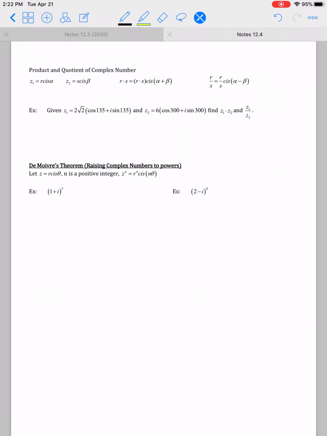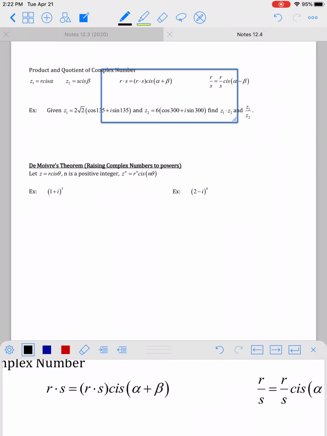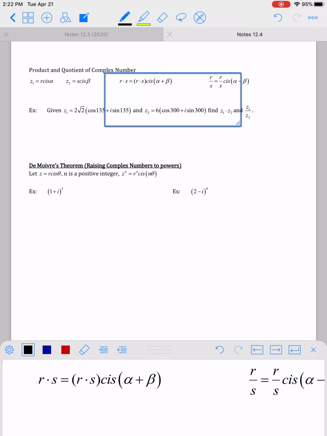Okay, so the next thing we're going to do is talk about product and quotient. And here, the formula looks bad, but it's really not. At the top, it says r times s, two complex numbers in polar form. You're going to multiply the directed distances, which are r and s, whatever they might be, and then you're going to add the angles.